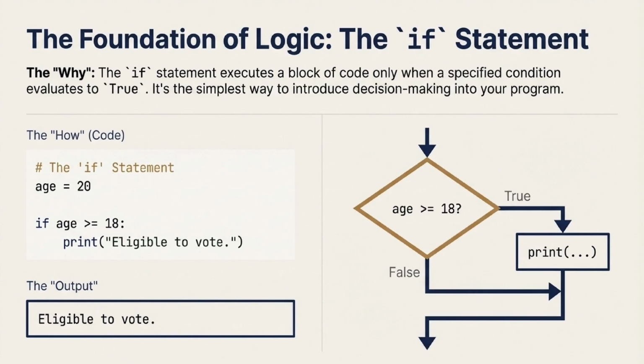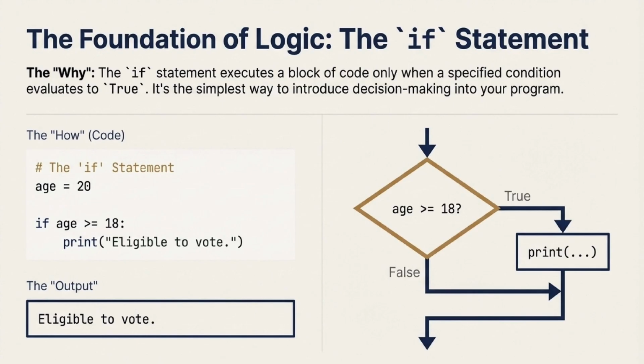Let's first understand why we need the if statement. We make decisions all the time. Let's see the example of eligible to vote. In Python programming, we want certain code to run only when a condition is satisfied. Here, we have a variable called age and its value is set to 20.